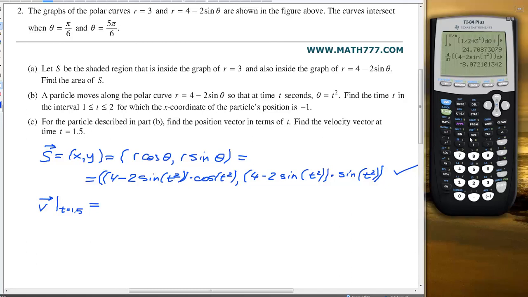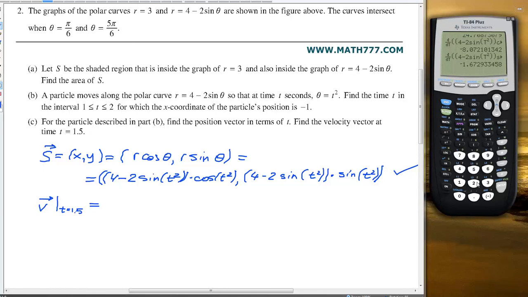And then for the y coordinate of the velocity vector, we do again mathematics, derivative with respect to t of the function (4 minus 2 sine t squared) times sine of t squared at the point t equals 1.5.